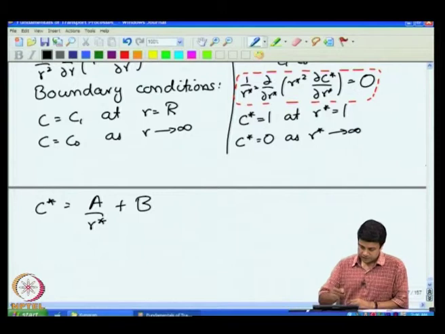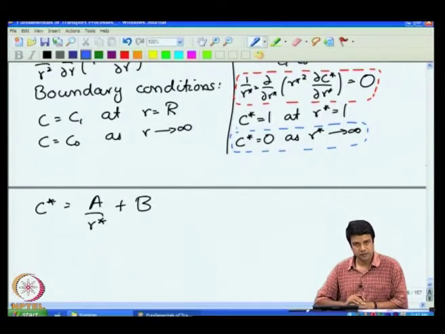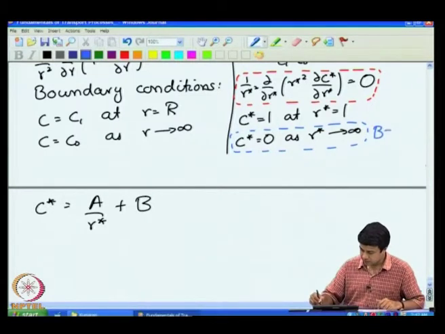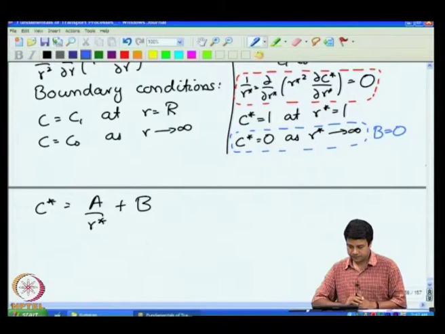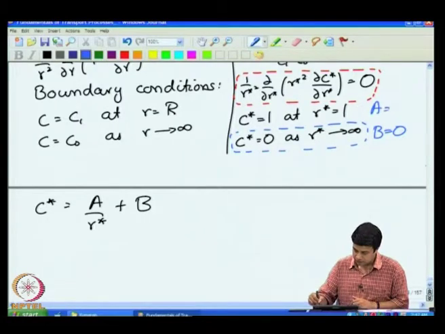The boundary condition C is equal to 0 as r goes to infinity means that as r goes to infinity, a by r star goes to 0, therefore, C is equal to b, and if C has to be equal to 0 as r goes to infinity, that implies that b is equal to 0. And C is equal to 1 at r star is equal to 1 implies that a is equal to 1.